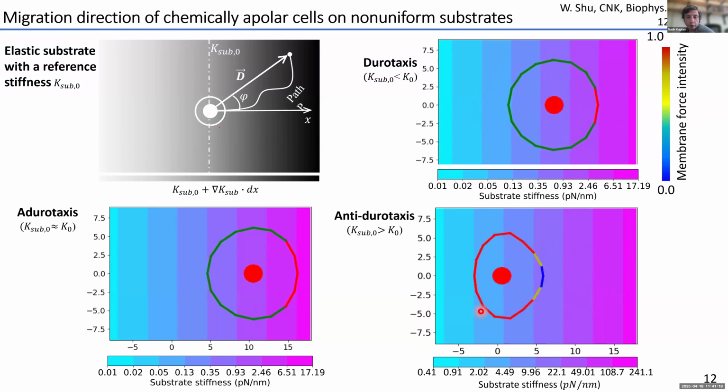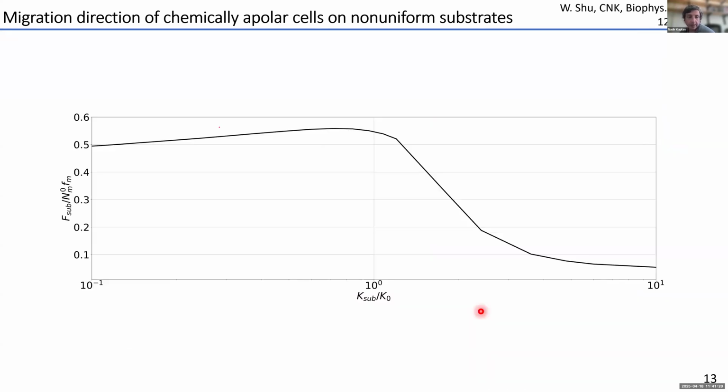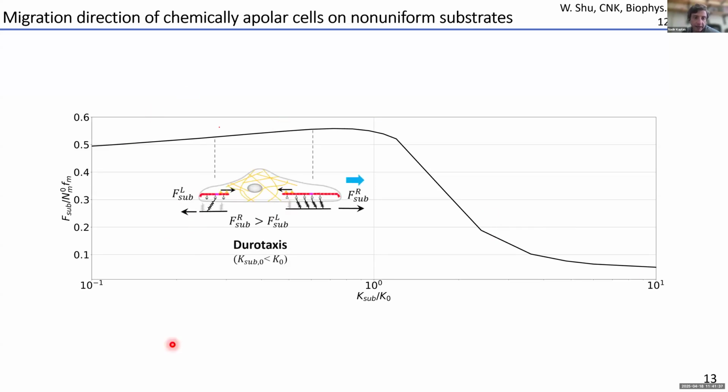So now we could put together these three pictures. This is the substrate traction, the traction force of the cell as a function of dimensional substrate stiffness. This is the intermediate stiffness regime. This is the stiff regime, and this part is the soft regime. And what happens is this: in the case of durotaxis, you have more traction forces at the front than at the back.